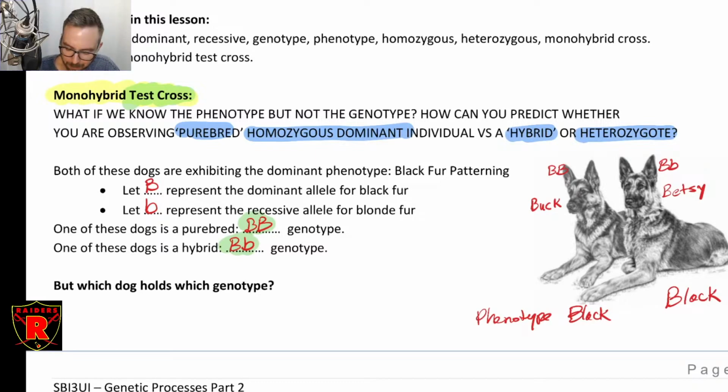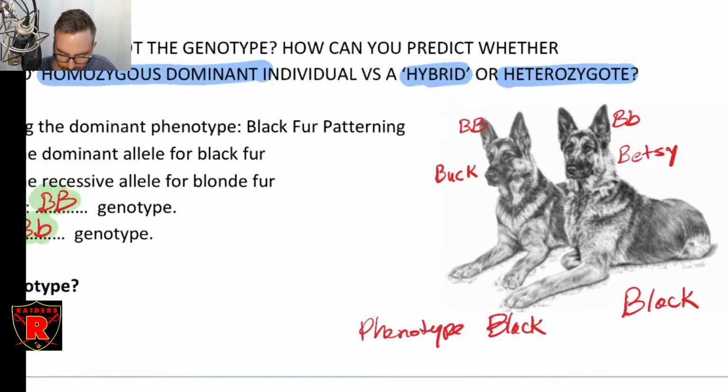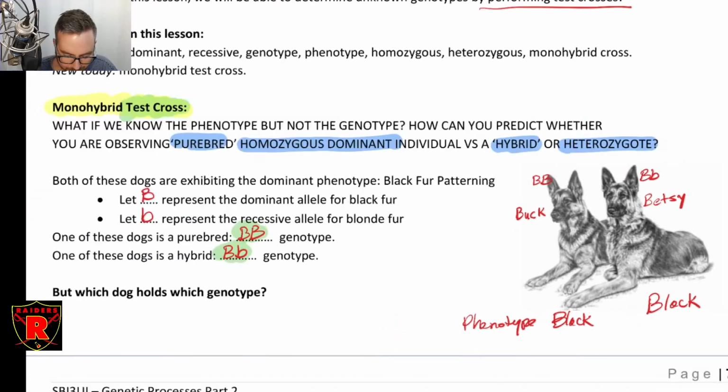So I want you to imagine a scenario here where we have two dogs, okay? And we want a black dog. What we want here is to breed some black dogs, and we want purebred black fur, okay? But there are two options in these dogs, two alleles that are present.